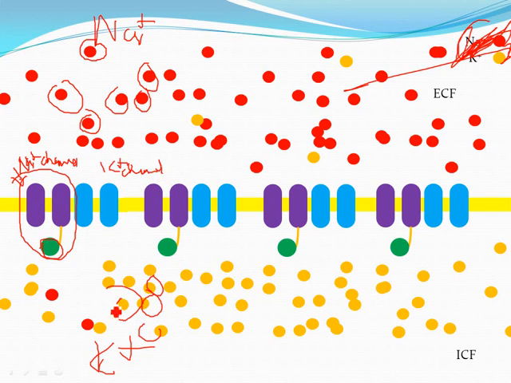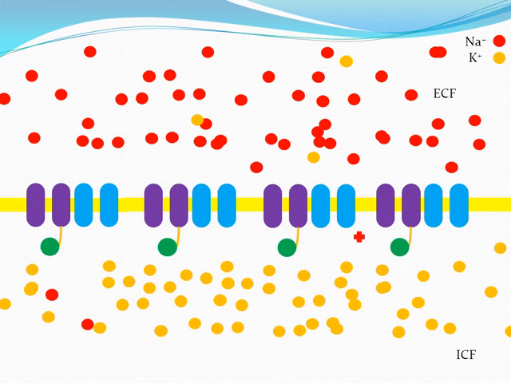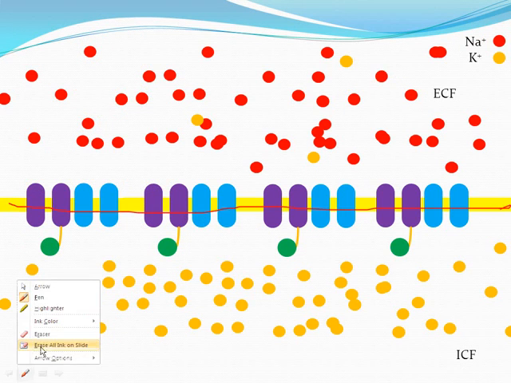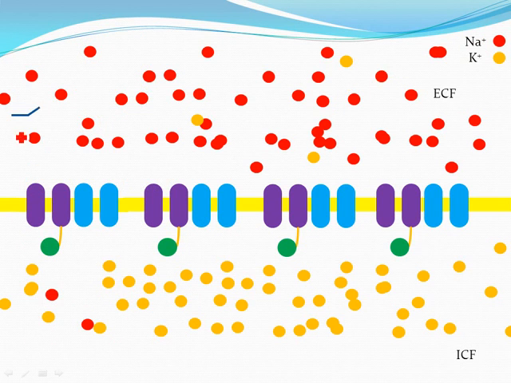Now that we established that, ECF means extracellular fluid, so it's on the outside, while ICF means intracellular fluid, so it's on the inside of the cell. And here's the plasma membrane. Once it reaches threshold, if there's enough of those positive ions that diffuse across the cell body to the axon hillock, and it hits threshold, what's going to happen?